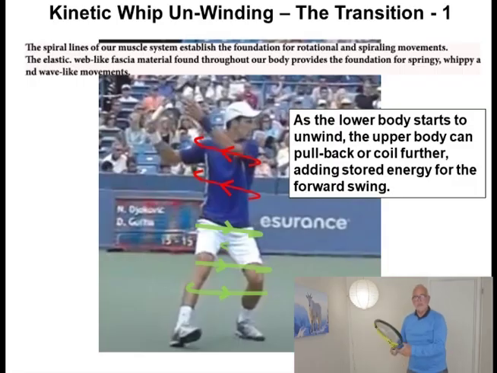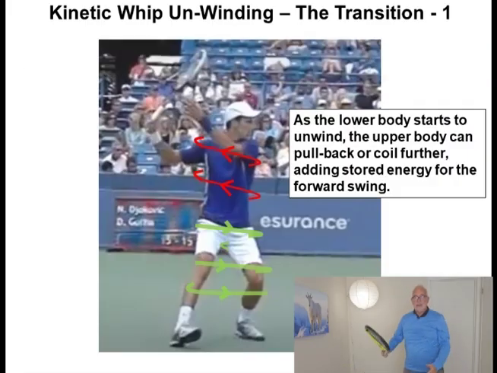Well, the transition move starts as the arms are reaching their upper extent in this wind-up. The lower half of our body is going to start to unwind and rotate. That's the beginning of the transition movement.